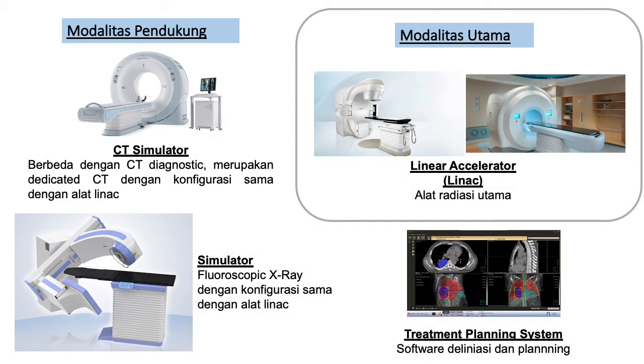In delivering radiotherapy services, besides the main modality of linear accelerators or cobalt machines, many supporting modalities are required, such as CT simulators or conventional simulators, and also the treatment planning system software. Another required tool, which is just as important, is dosimetry tools, which can measure the radiation output of the main modality or the linacs.